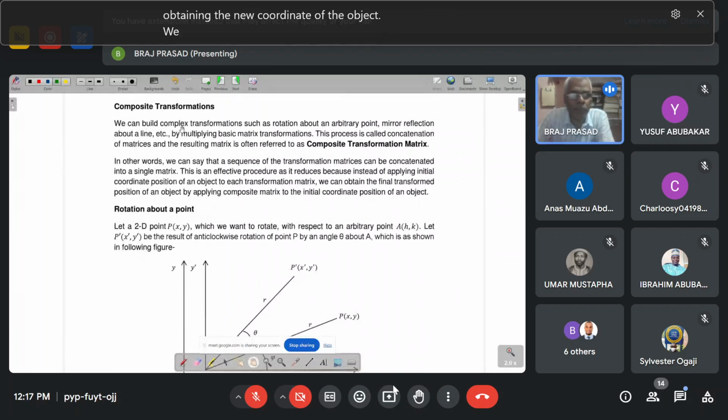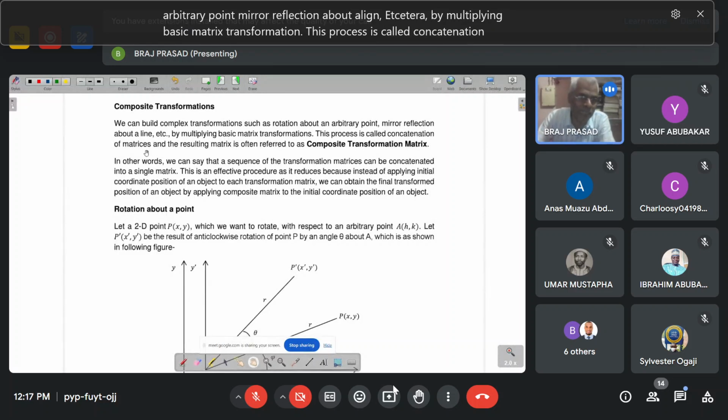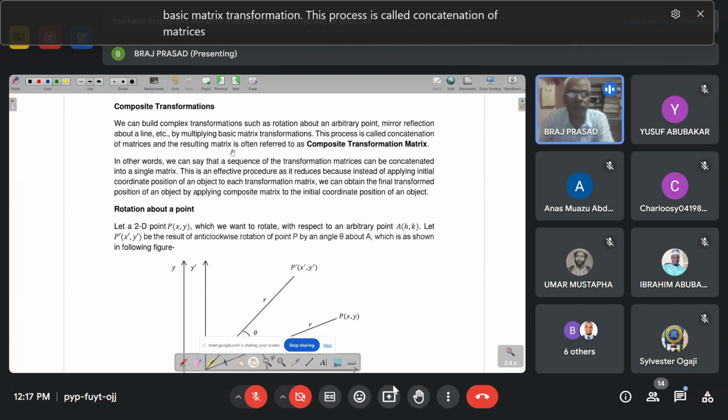We can build complex transformations such as rotation about an arbitrary point, mirror reflection about a line, etc. By multiplying basic matrix transformations, this process is called concatenation of matrices, and the resulting matrix is often referred to as composed transformation matrix.